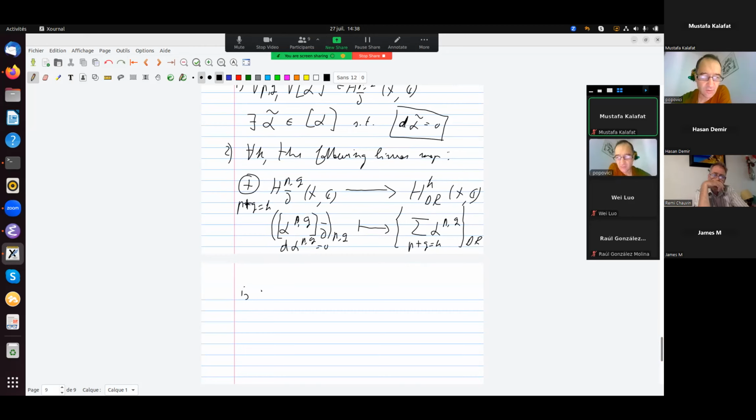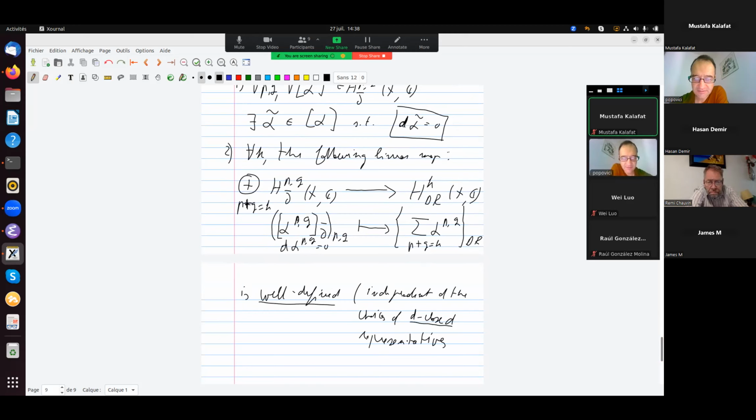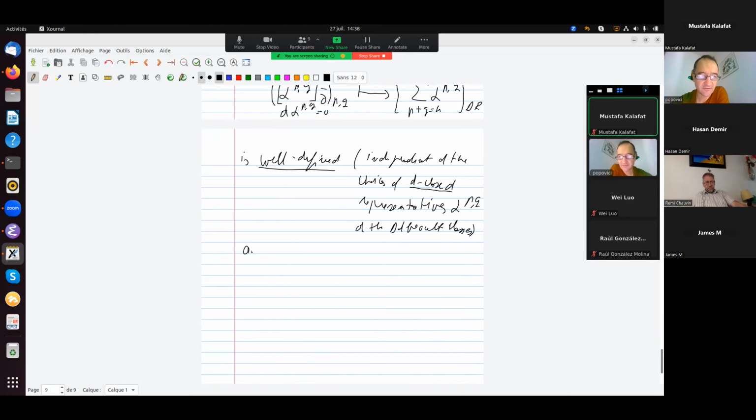So this map is well-defined, and this means that it is independent of the choices of d-closed representatives alpha^{p,q} of the Dolbeault classes. Right? It is well defined, and moreover, it is an isomorphism of vector spaces.